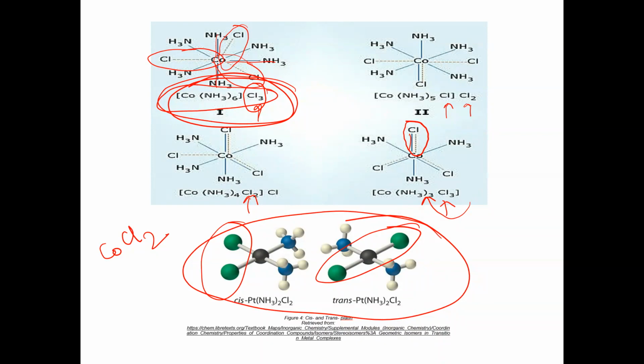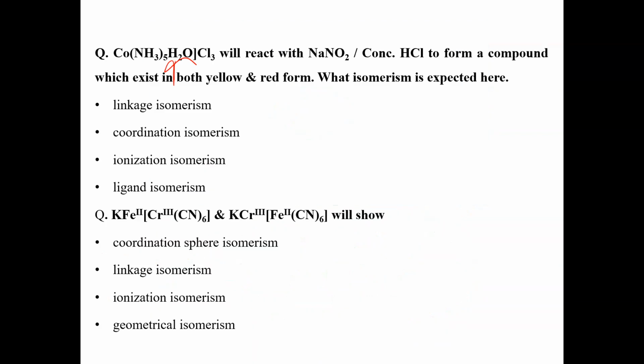Because what you are doing is interacting with this one, and you will be getting these ligands substituted by this one. Now, just confirm, please. So, just try these two.